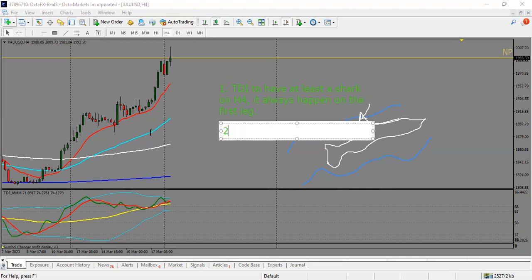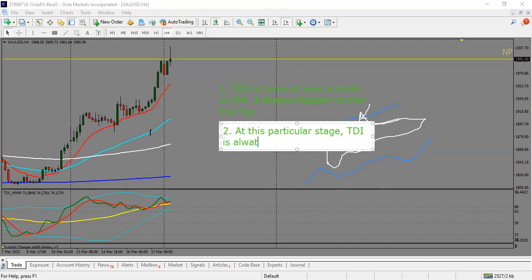Now, number 2 point I consider, right? Number 2 point is at this particular stage, the TDI is most likely, let me not put always, most likely at the extreme levels.